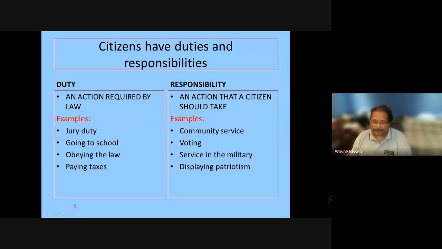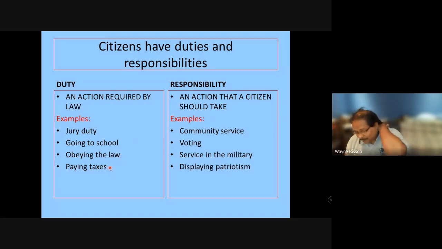And as officers in the system, you all can see things like, who actually looks out for doing jury duty, going to school, obeying the law? Obeying the law is a hard one, and when you say obeying the law, it means obeying the law regardless. And paying your taxes.